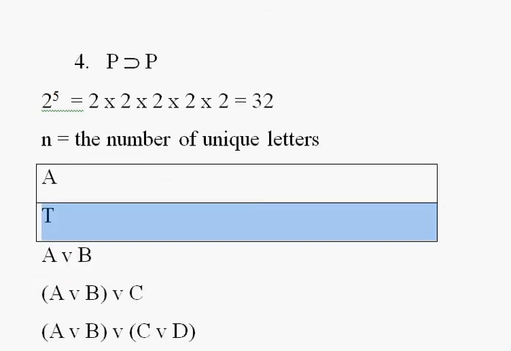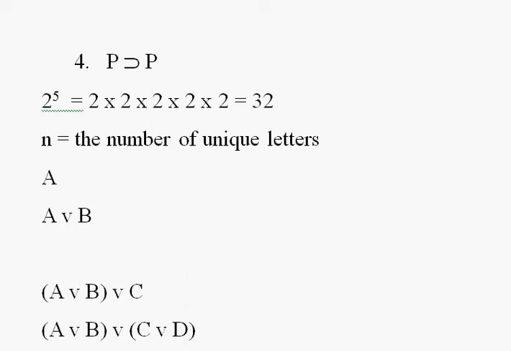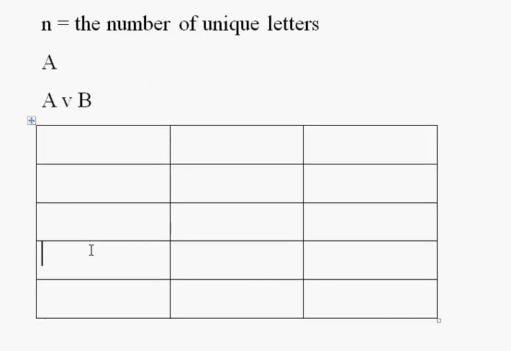Now at the same time, you have this second argument, which is A wedge B, and A wedge B is 2 unique variables. So in this case, you're going to need a box that will have 4 lines. And the reason why is because you have A wedge B, and A could be true at the same time B is true.